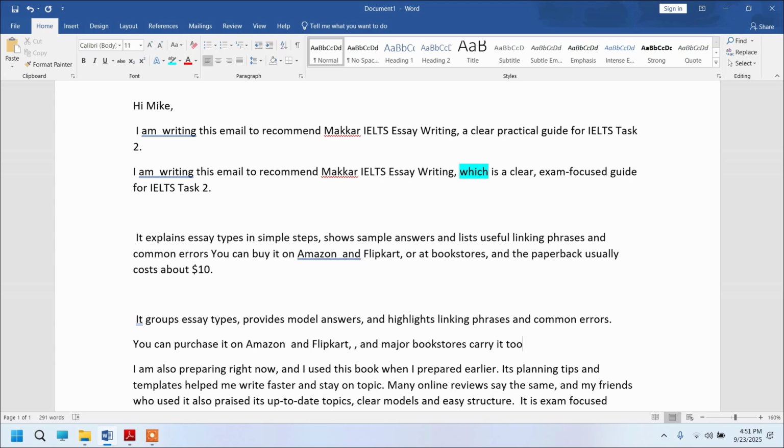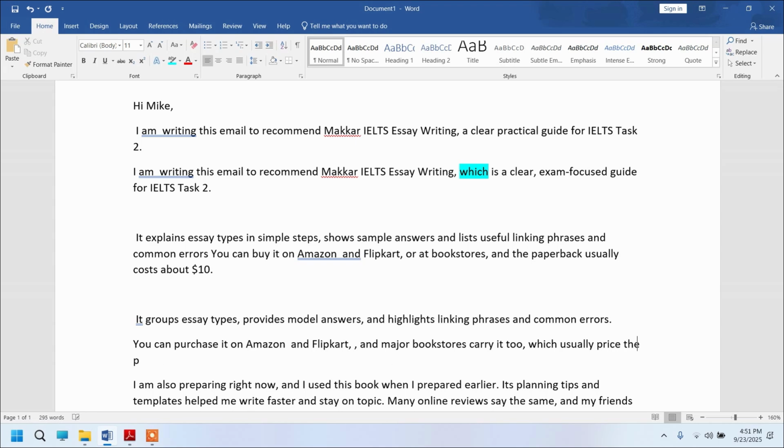Then what else? Which usually cost, or which usually price the paperback at, let's say, rupees, no, I'm writing about dollars, so I'll say at $10. Okay.